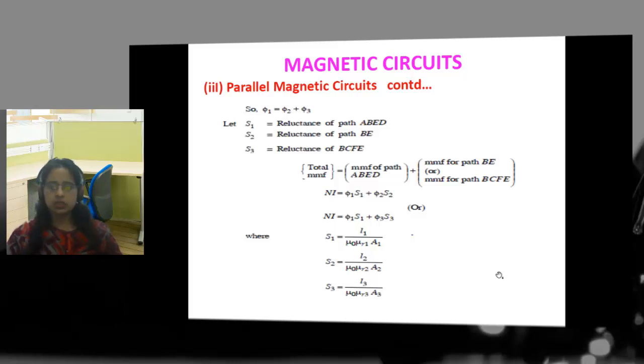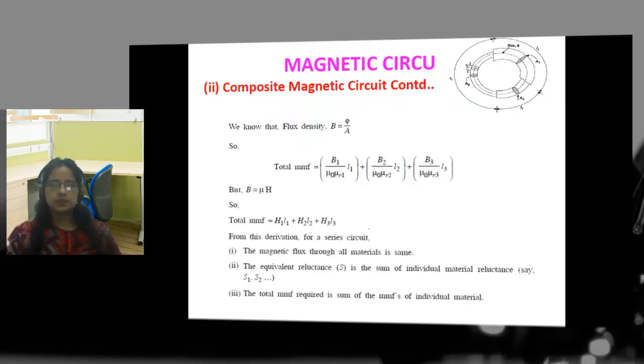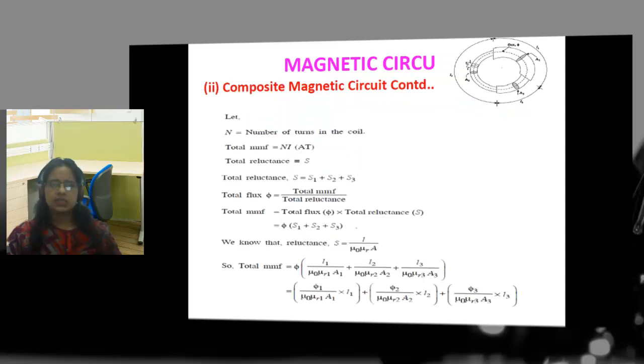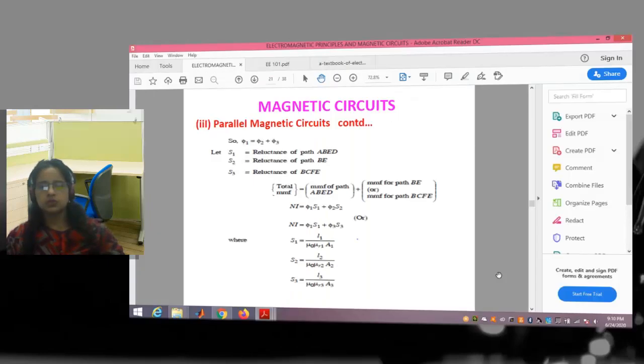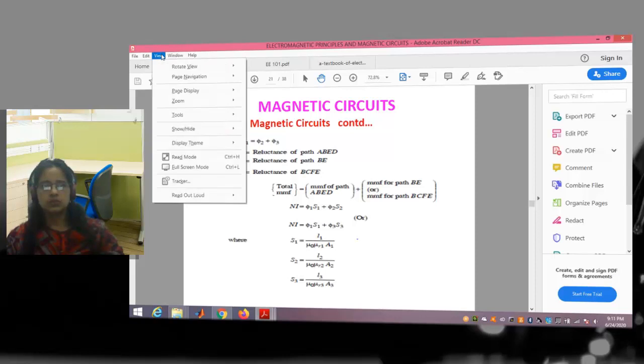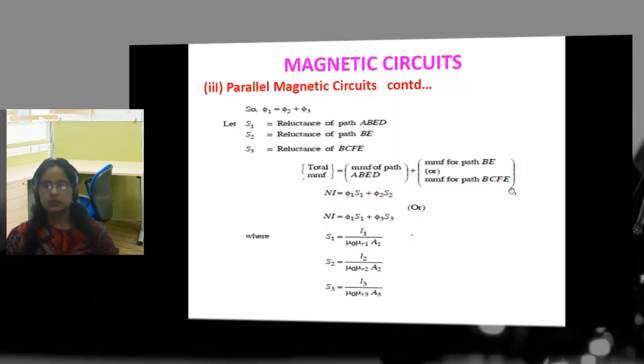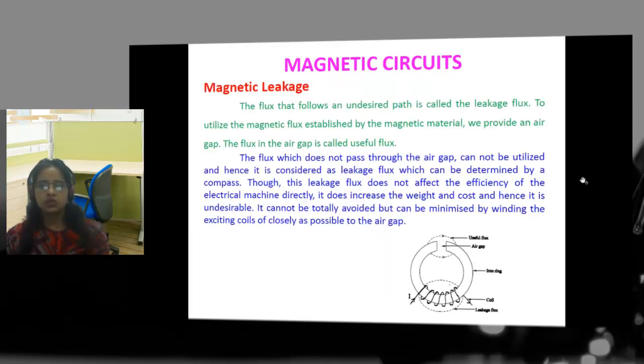I hope you understood the different types of magnetic circuits. For your course, simple and composite magnetic circuits are required. So for your course only this was required.